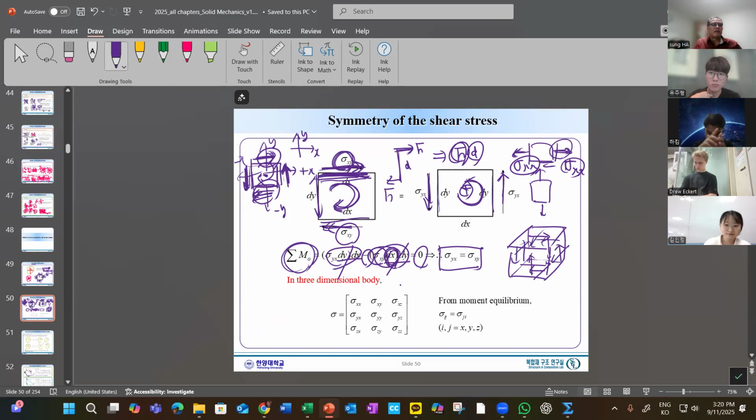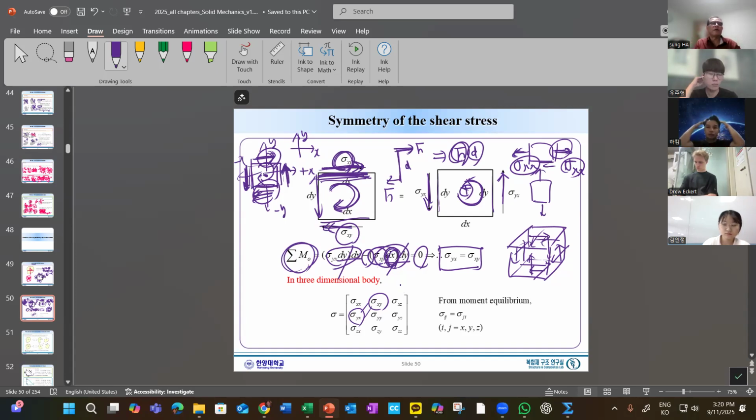Something like that. So we just observe that sigma xy and sigma yx, they are always the same. That's why I didn't pay much attention. Is it xy or yx? Why? Because they have to be the same always.